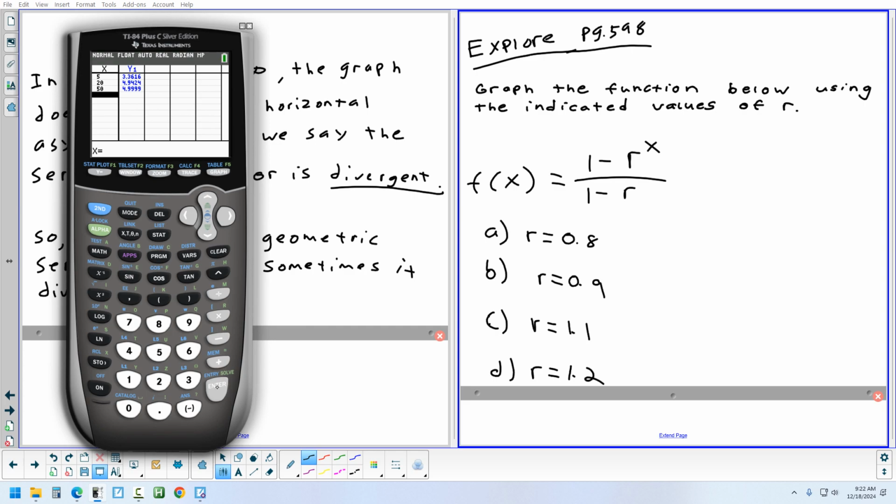If you add up the first 50 terms, you get 4.99999. If you add up the first 200 terms, well, that's too many. The calculator ran out of decimals. But if you add up the first 100 terms, you get that number. So if r is 0.8, does it look like we're getting closer to a number or no? Yeah. So when r is 0.8, we do get closer and closer to a number. If r was 0.9, let's try that.